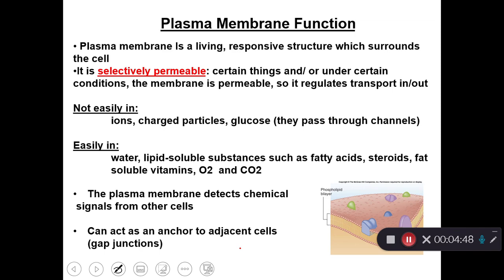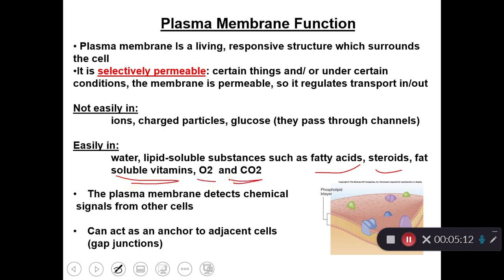So the cell membrane is selectively permeable. So it allows some molecules to go through and prevents some from going through. What goes easily through the cell membrane are lipid-soluble substances like fatty acids, steroids, fat-soluble vitamins, oxygen, and carbon dioxide.